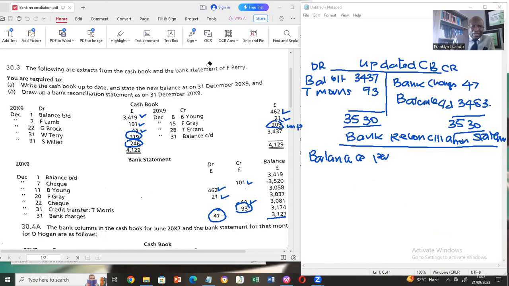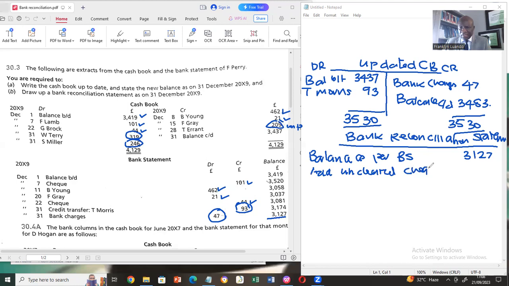So there now it will be balance as per bank statement, which is 3127. So here now, instead of deducting, we are going to add uncleared checks.